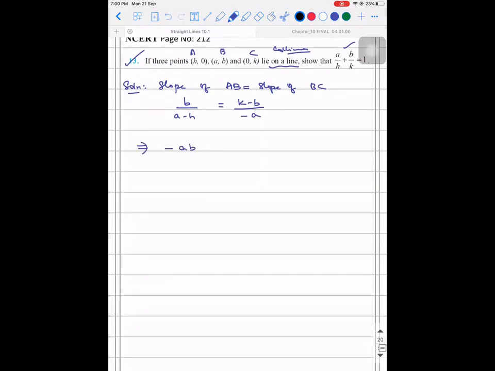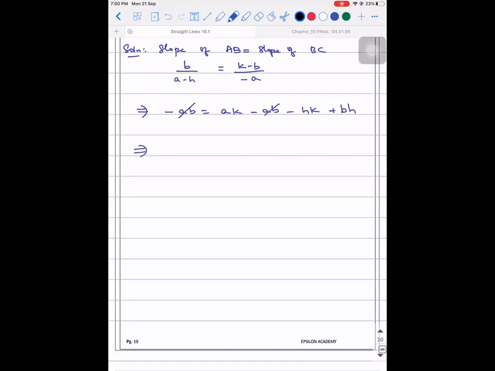which implies minus AB is equal to AK minus AB minus HK plus BH. Minus AB gets cancelled, which implies AK plus BH is equal to HK. So divide with HK on both sides.